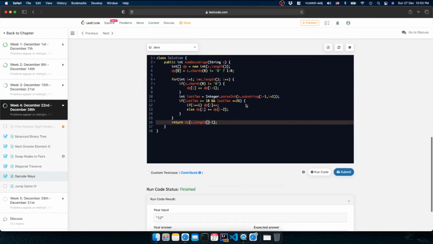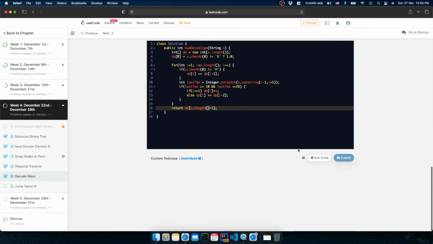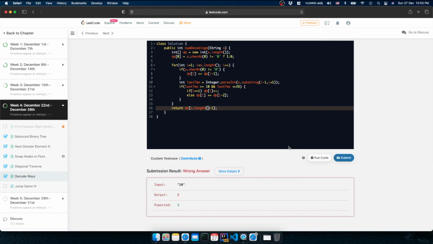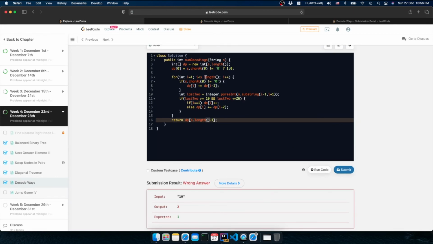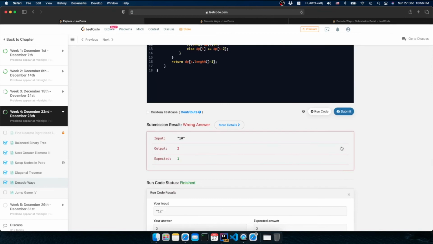So I'll try to submit it. Okay, so my bad. The error was because of this. It should not be charAt 0, because we should be considering the last character. So sorry for the typo. Let's again run and submit this. I hope this should work now.